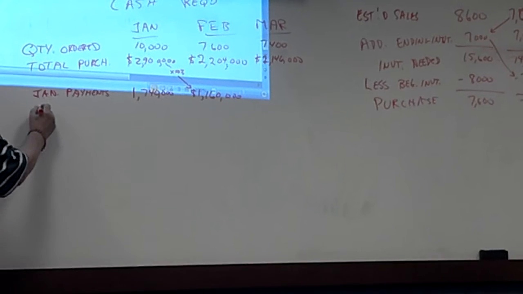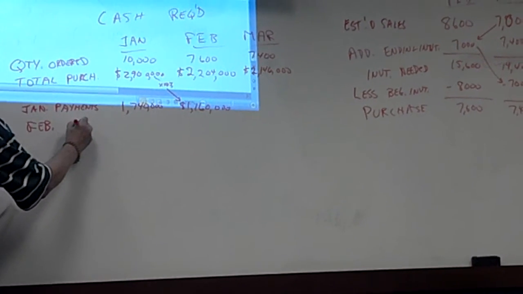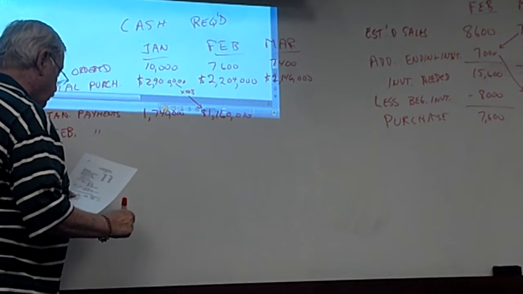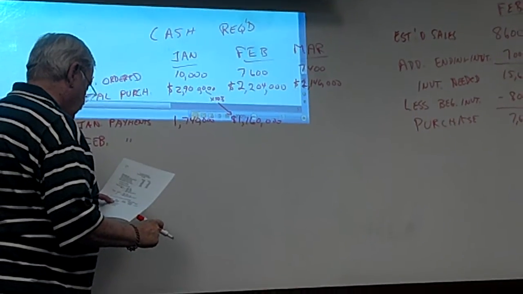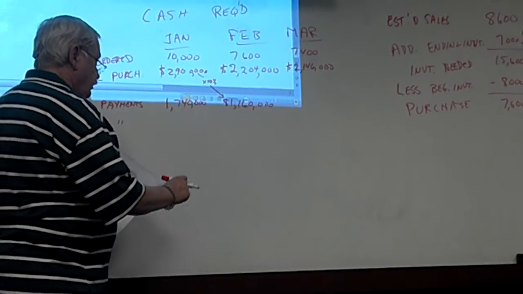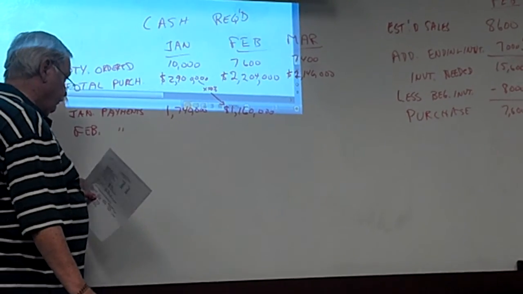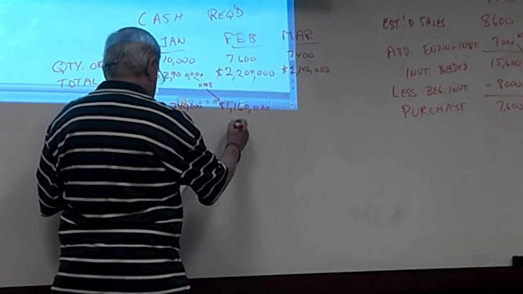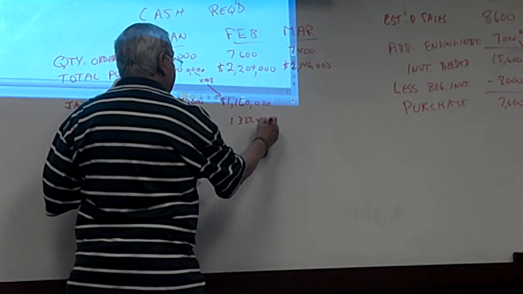Okay, and then February purchases, February payments. How much did we pay in February? 1,322,400.